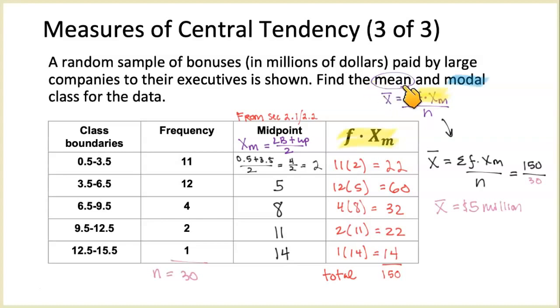Now the other thing it wants us to find is a modal class for the distribution. In the previous problem, we could find the mode because we could actually look to see which number was repeated. For this one, we don't have that luxury. I don't know the 11 different numbers in this class boundary.